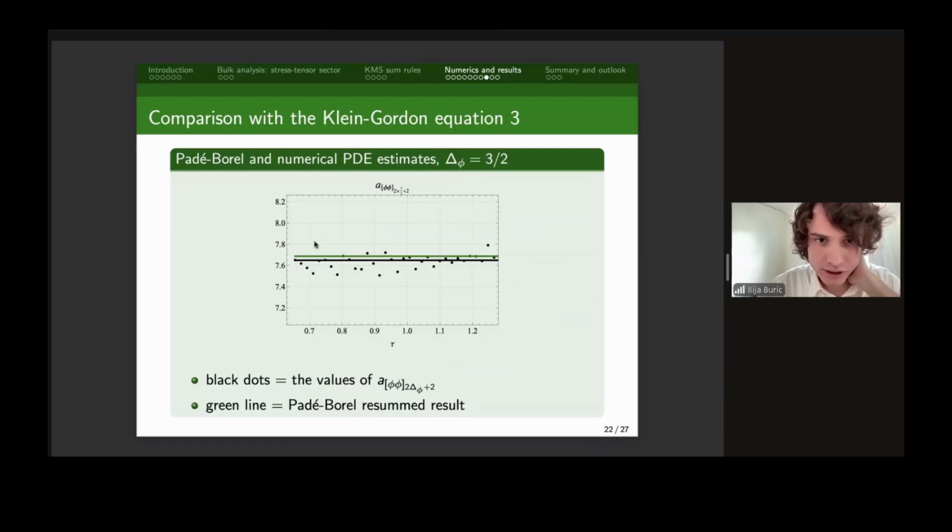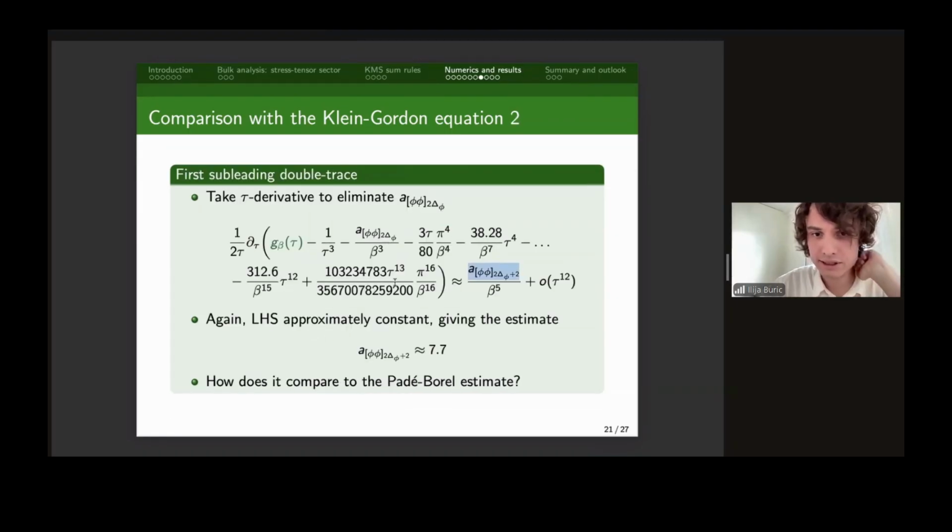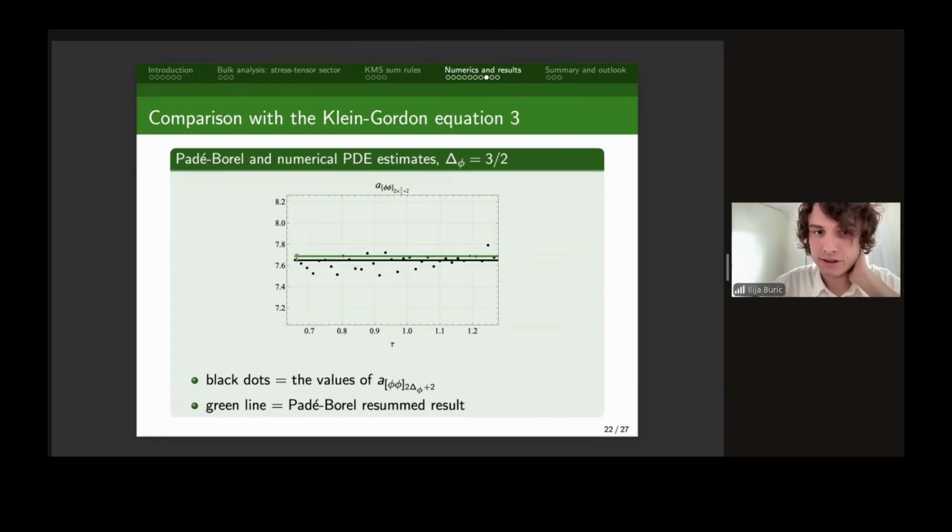Just to illustrate what I mean, when you plot the left-hand side here for the numerical Klein-Gordon, these are the black dots. You get something that looks roughly like a constant, but the precision of this method is not such that you can make these points lie on a precise line. This black estimate is the best estimate of the value of the constant drawn from these points.